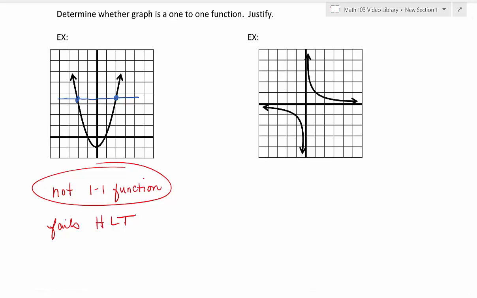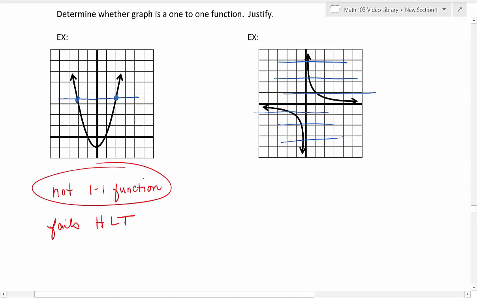Let's take a look at our next graph. We'll start by making sure that it passes the vertical line test. And we know that this is the rational function, f of x equals 1 over x. So even though it looks like our graph goes vertical, we know it doesn't. It's slowly approaching that vertical asymptote at x equals 0. So this graph does pass the vertical line test. Now we'll test the horizontal line test, see if we can draw a horizontal line anywhere and it hit more than once.